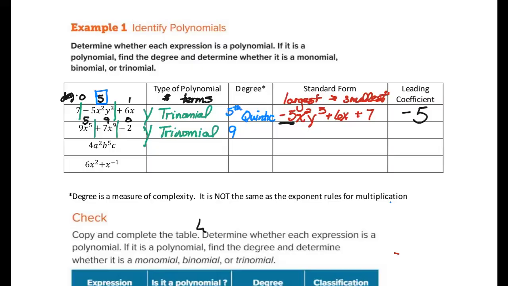You find the largest. We added for a monomial, 1 term. So for degree, you have to find the largest unless it's a monomial. Only for a monomial do you add. It's only 1 term.